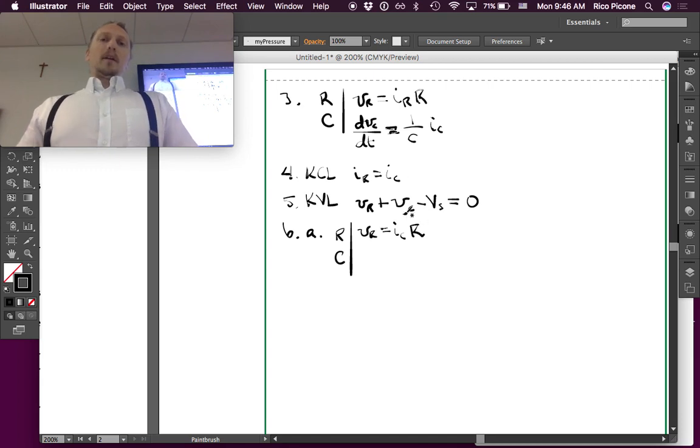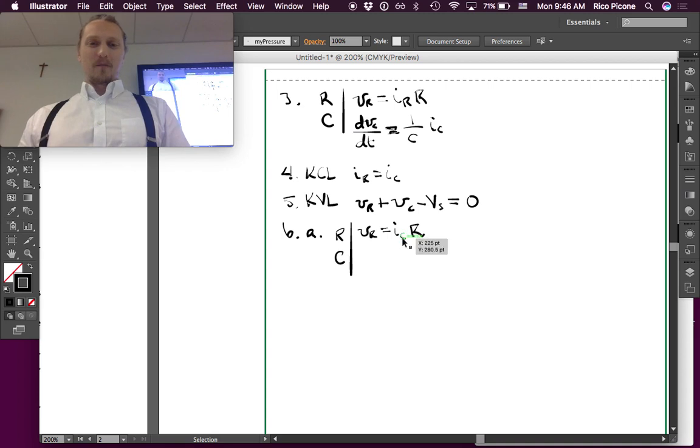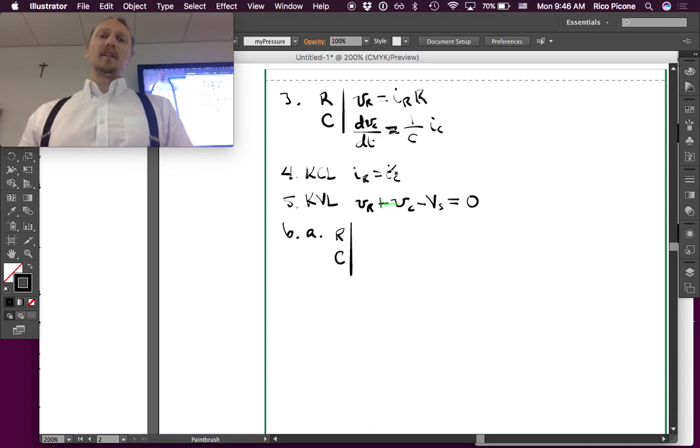Yeah, well, we don't want to start going in loops yet. And we can technically do either one, but I'm going to actually choose the other one. I'm going to go back and, instead, eliminate IC by plugging in IR.